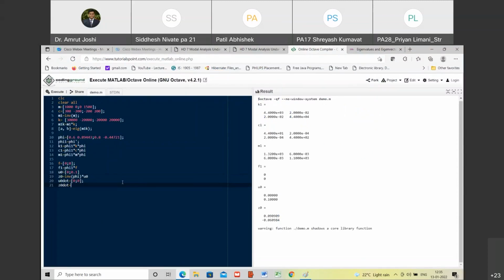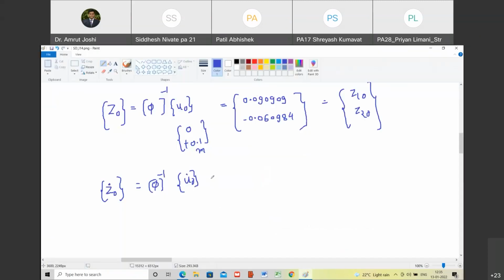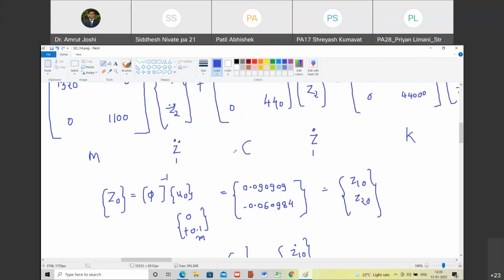Z0 dot is equal to phi inverse into U0 dot. Okay, U0 dot, right? Yes, sir. Execute. So this is going to be 0, 0, which is equal to Z10 dot and Z20 dot. So with these boundary conditions, we have stated the problem.